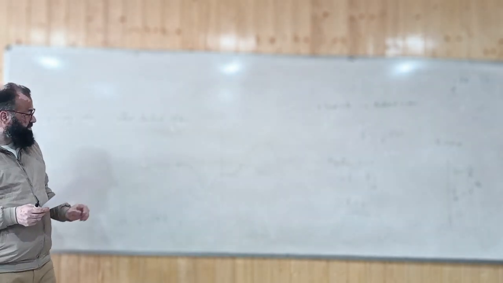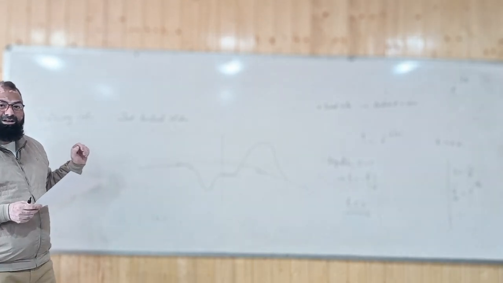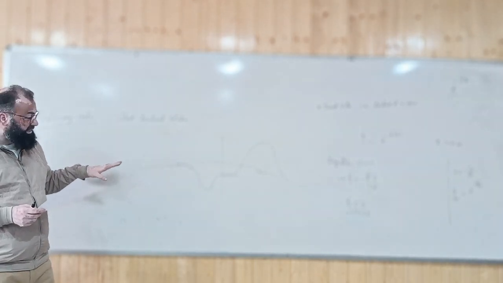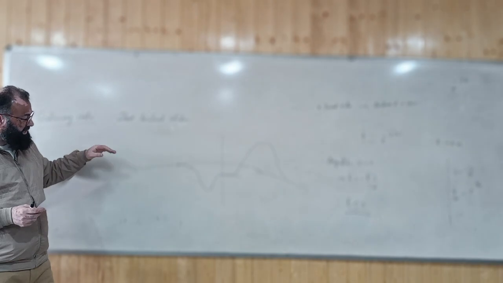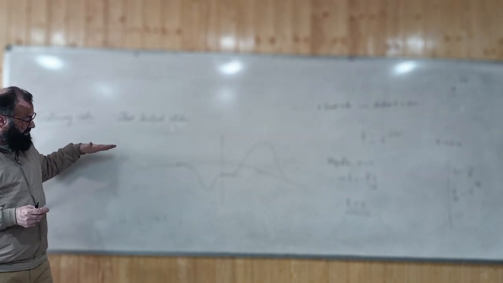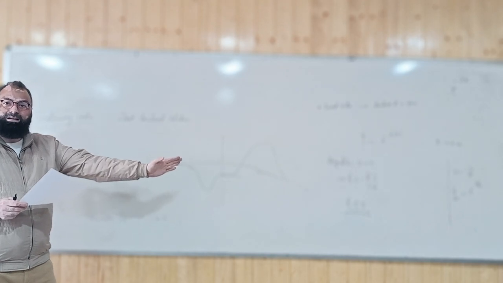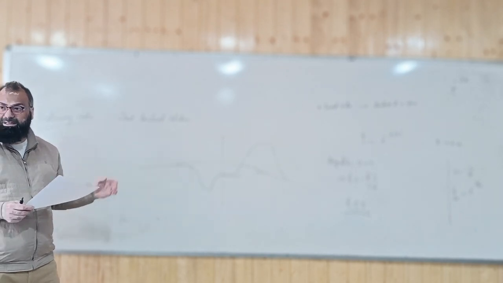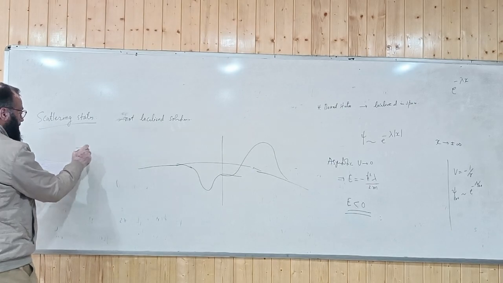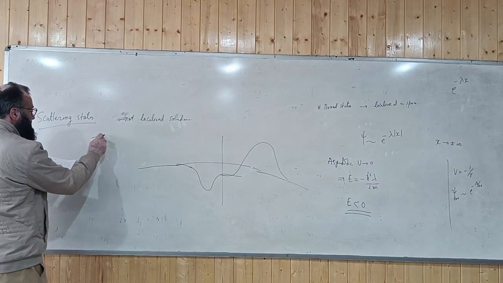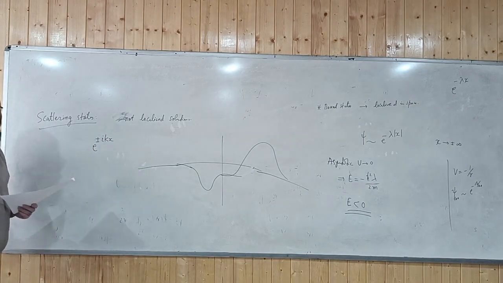So how can I write that? You can have a plane wave that moves from left to right, or a plane wave that is moving from right to left. In general, we write these non-localized states as plane waves, where k is the momentum.